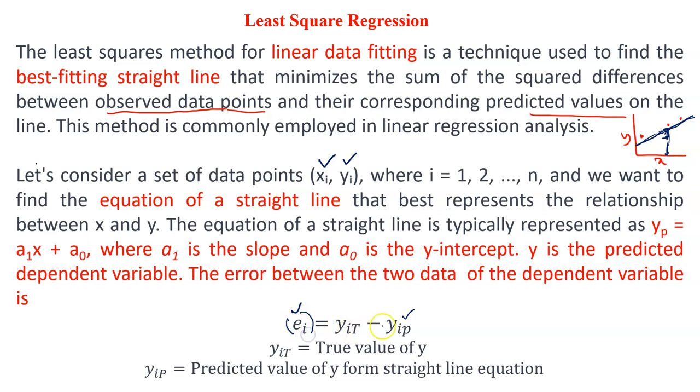If we get such a straight line where that error is minimum, that will be the best fit straight line. Now how do we get that? ei is equal to the observed data point minus the predicted data point.